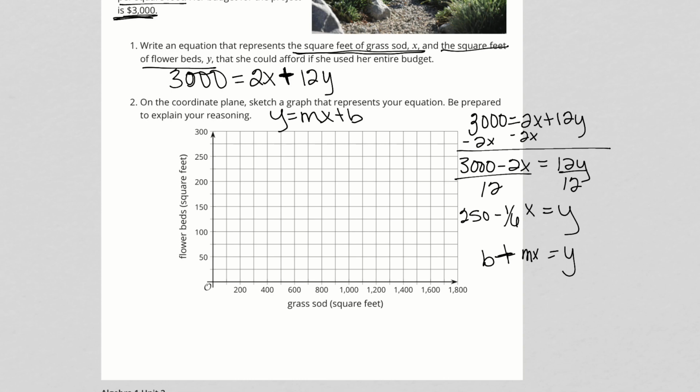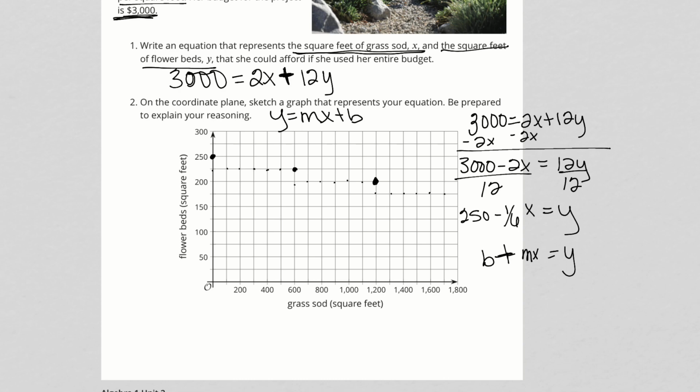All right, so my first point is going to go to 250. Then we're going to go down 1, and to the right 6: 1, 2, 3, 4, 5, 6. And then we're going to do that one more time because I like to have more than one point. We are freehanding this, so it's not going to be super straight.